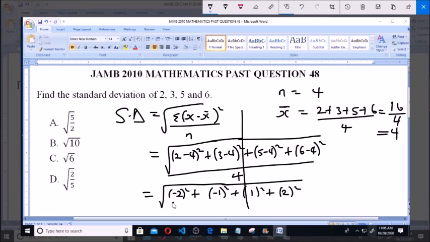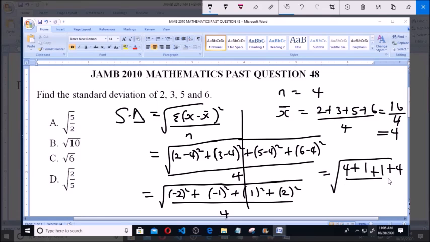Now this is equal to the square root of minus 2 squared will give me 4, plus minus 1 squared will give me 1, plus 1 squared will give me 1, plus 2 squared will give me 4, all over 4.